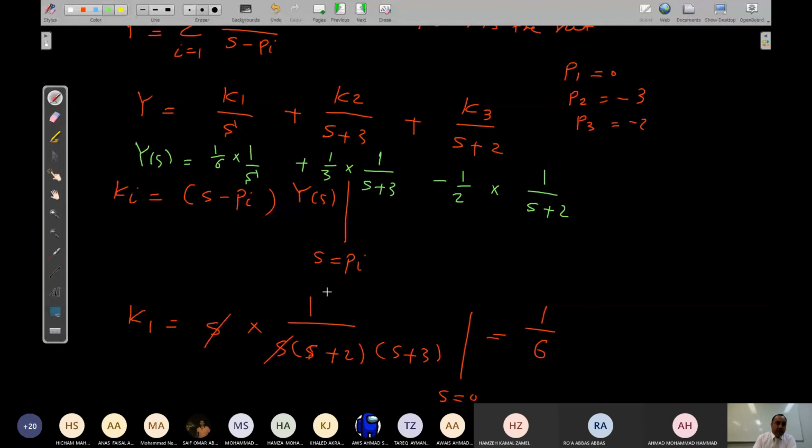Now, look at those terms. Can I locate them in the table? Do I know, let's say, the inverse Laplace for those?